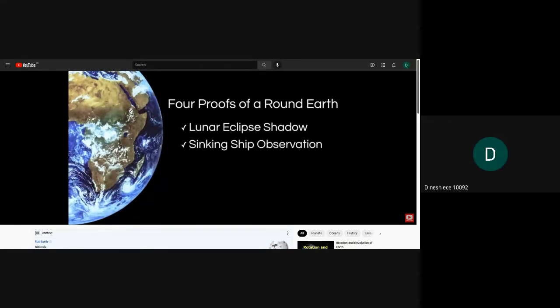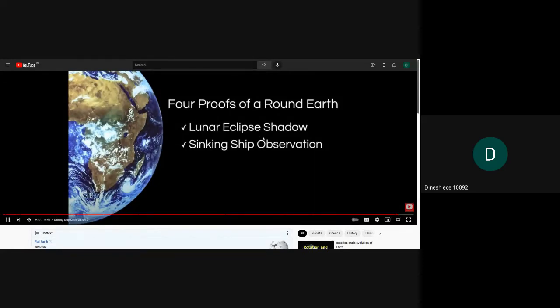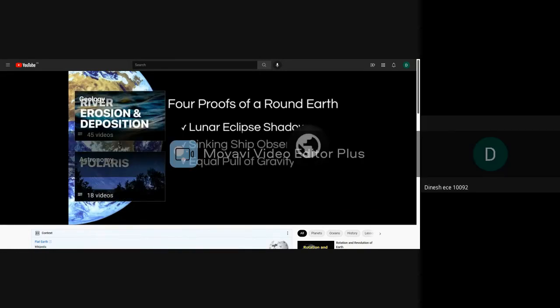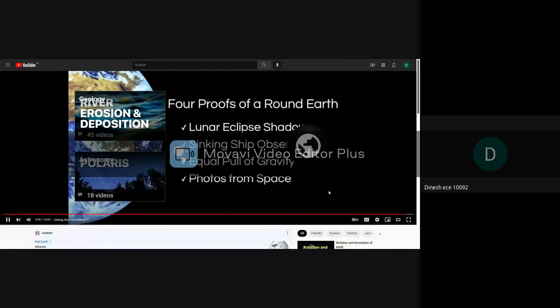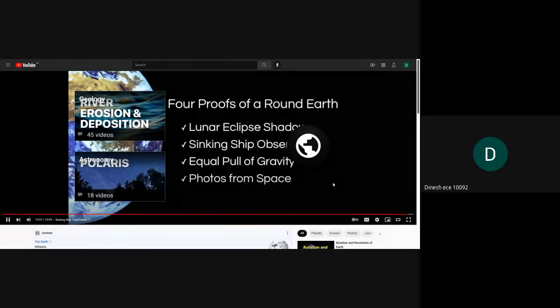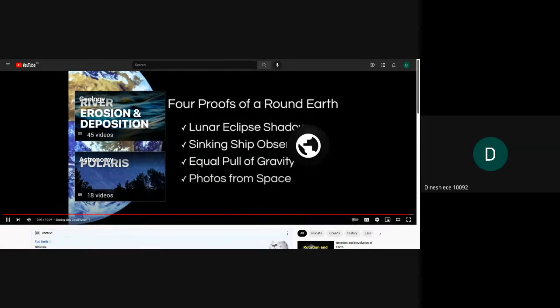The sinking ship observation, where ships appear to sink as they pass over the horizon. That proves that the Earth is round. The fact that no matter where you go on the planet, there's an equal amount of gravity. That proves the Earth must be round. And then, most convincing of all, the fact that we can go and actually directly observe the Earth from space. That proves that the Earth is round.